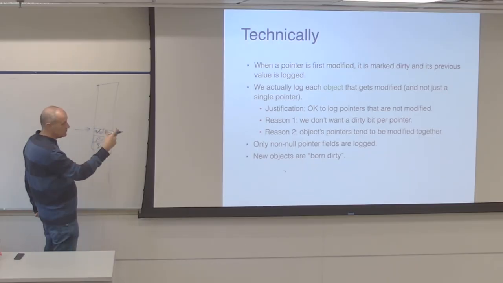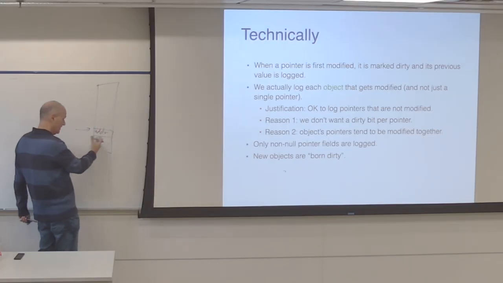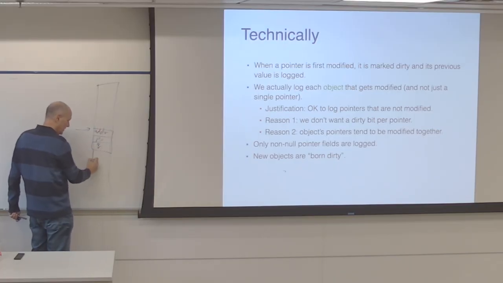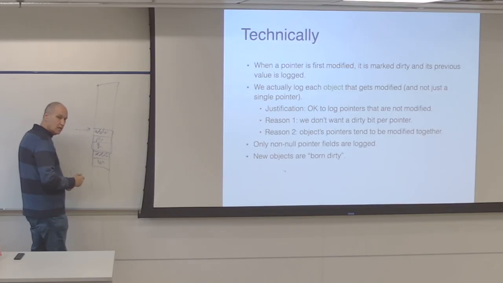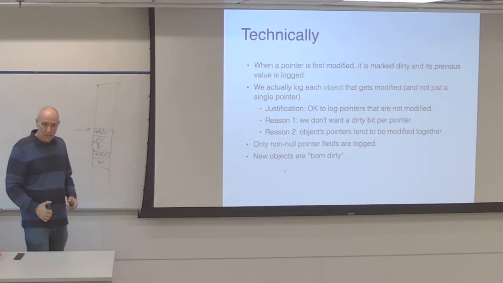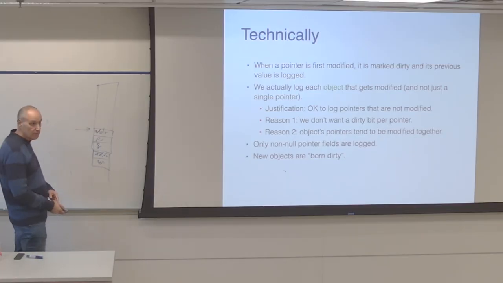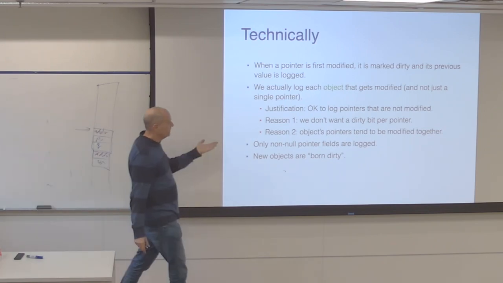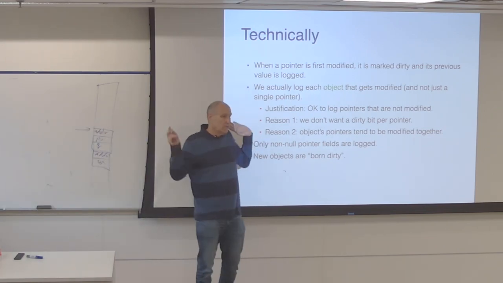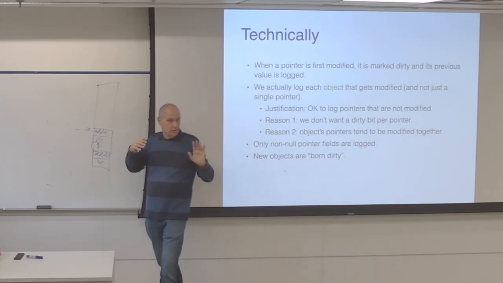I don't want to use the same P as in the slides, but I have some pointers, and then I will have the next object that I'm recording. So I will have records for each object that I modify. I'm going to log its previous values before I modify it, and then I'm going to mark it dirty, and no one else will need to record it.